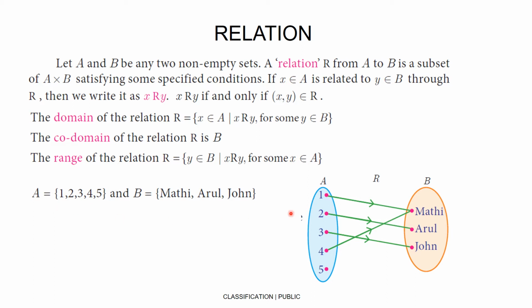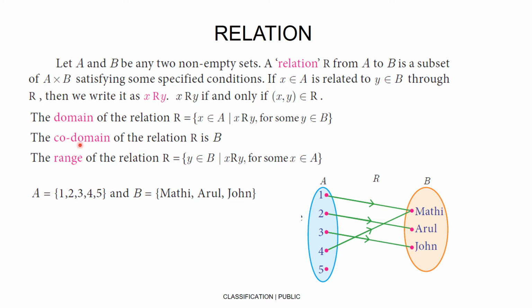Here A is 1, 2, 3, 4, 5 and B is Mati, Arul, John. Here the domain is what? X belongs to A such that X is related to Y. Whatever the X related to Y, that is the domain. Here you see 1, 2, 3, 4 only, so domain equals 1, 2, 3, 4 only.